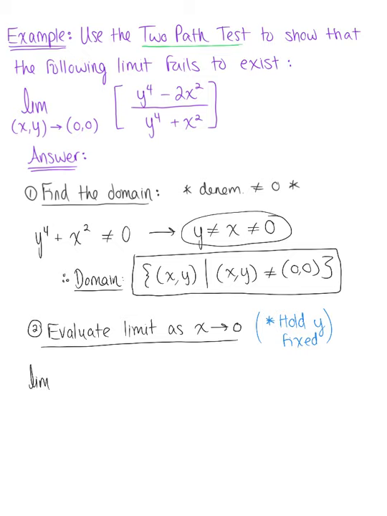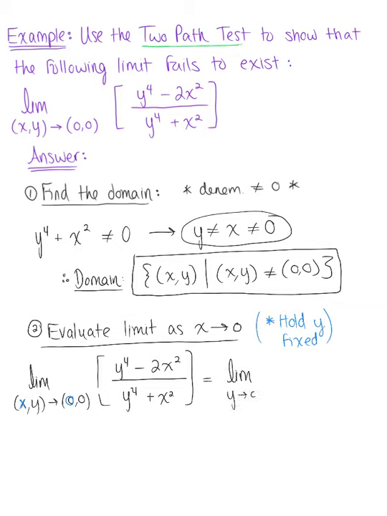So we have the limit as (x, y) approaches the point (0, 0) of (y to the fourth minus 2x squared) all divided by (y to the fourth plus x squared). Our only concern here is with x approaching 0, so this becomes a single limit as y approaches 0, evaluating when x is 0. So we have y to the fourth minus 2 times 0, all divided by y to the fourth plus 0.